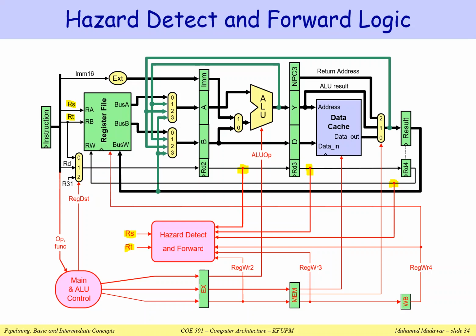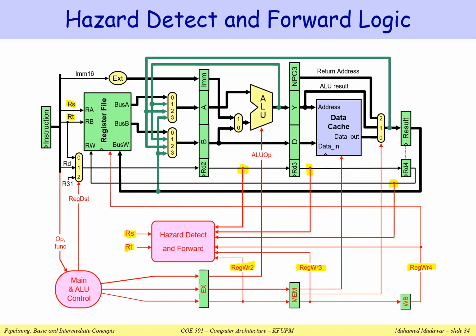Also, we have to ensure that these instructions are going to write something into the register file. So we have the register write control signal that indicates that the instruction is going to write something into the register file. Register write 2 means that we are going to write something to RD2. Register write 3 is the register write control signal in the memory stage, indicating that we are going to write something to RD3.